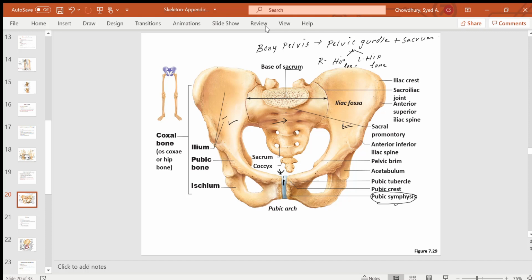Makes sense? Two hip bones together form the pelvic girdle, and the pelvic girdle and sacrum join together to form the bony pelvis. The bony pelvis of a male and a female is quite different. There are a number of things that are different in a male and female bony pelvis.